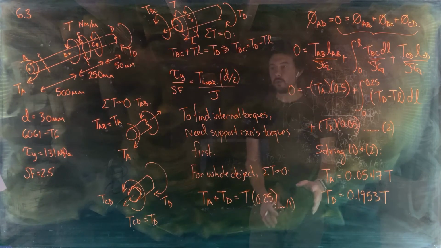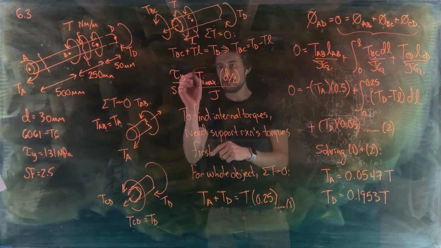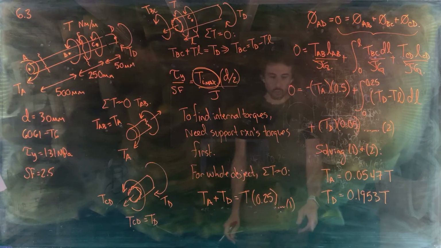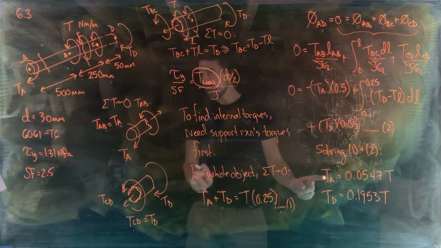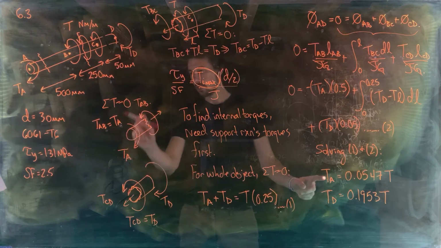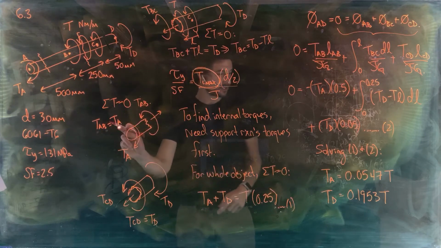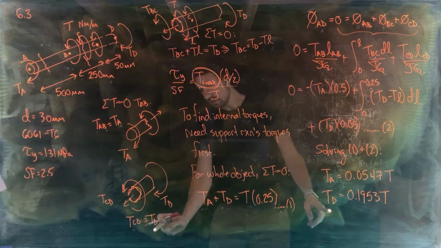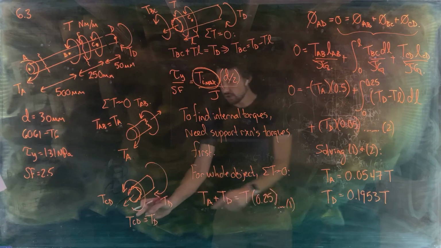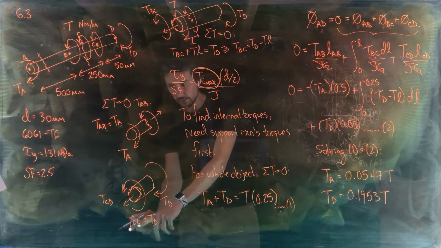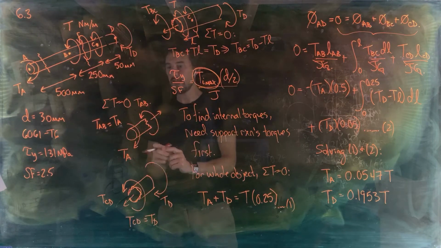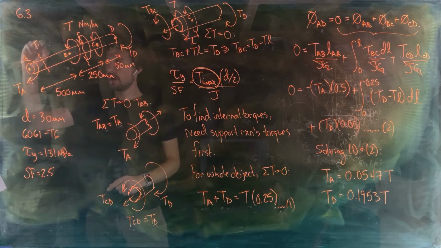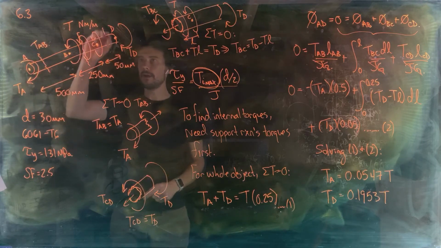Okay, so what we wanted to do was find, remember, we wanted to find the maximum internal torque here. We know that TA is the internal torque TAB, or TAB is equal to TA. And we know that the internal torque TCD is equal to TD. So the internal torque TCD is clearly higher than the internal torque TAB. And between those two, so here's where TAB is, through that line there.